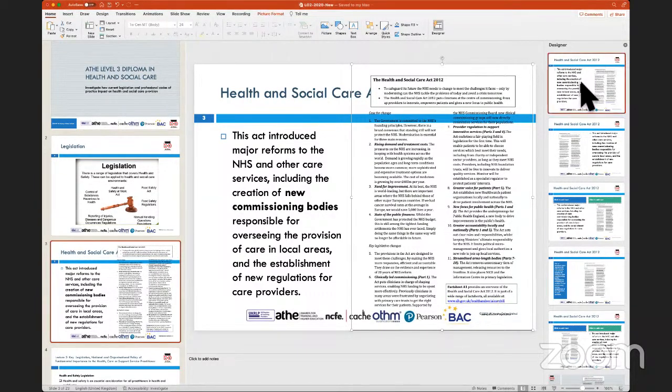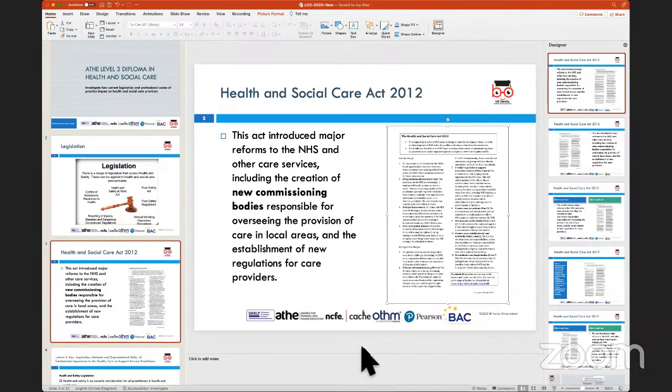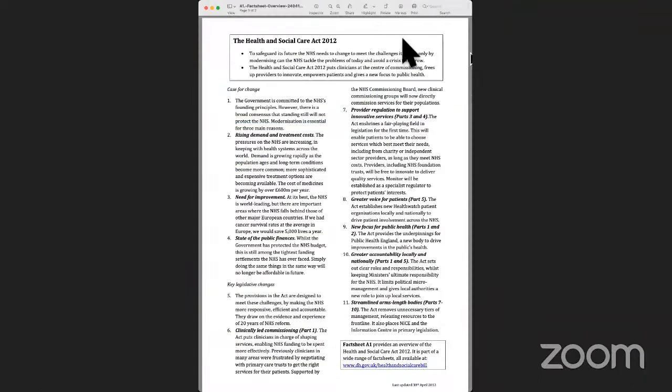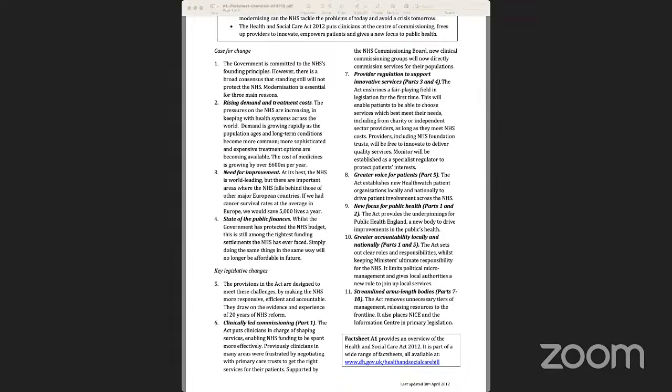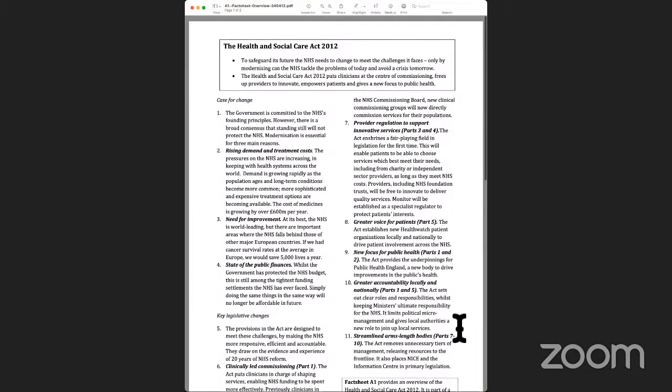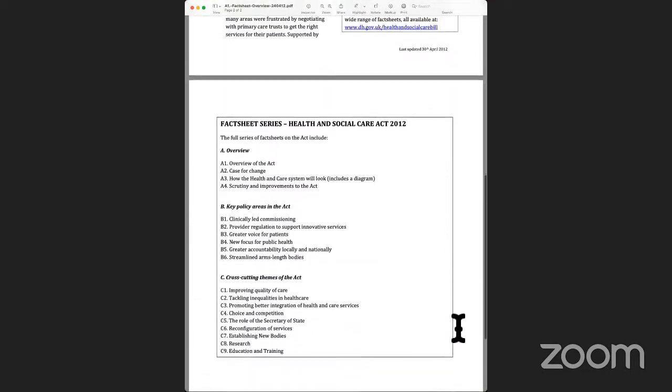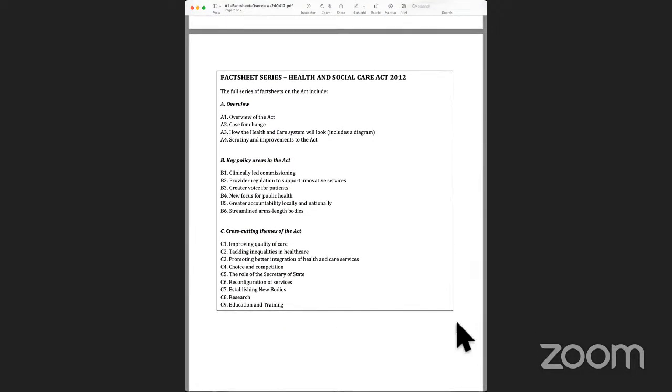Now, the reason I put it this way is that, and I'll show you the screenshot, this is something that you need to read and understand, because this is one of the things that you are expected to know when you work within the National Health Service or any such profession within the health and social care sector. This 2-page handout summarizes the overview of the Act, the key changes which were introduced, and what this Act entails when it is implemented within a care setting.